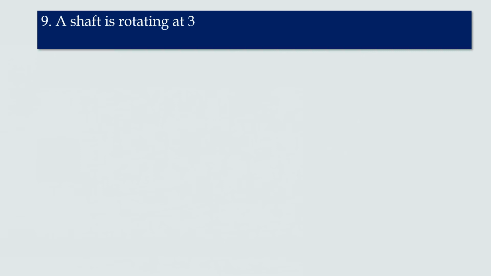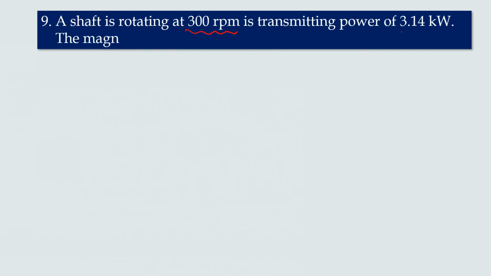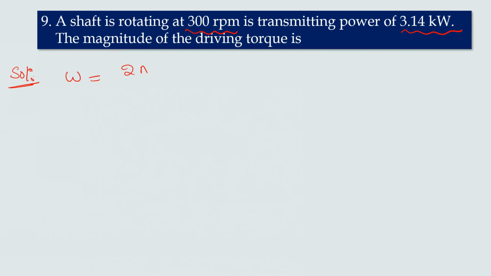A shaft rotating at 300 rpm is transmitting power of 3.14 kilowatts. The magnitude of the driving torque is, here we have to calculate the driving torque. Let us go to the solution. Omega is equal to 2 pi by 60 into 300 rpm.